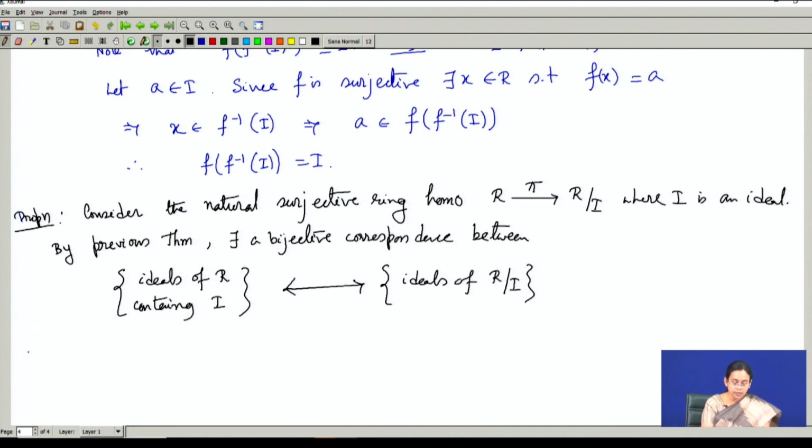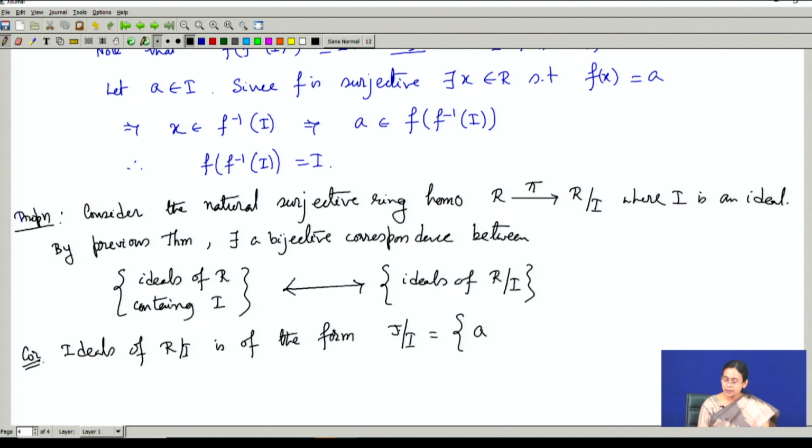As a corollary to this one, I can say that the ideals of R quotient I are of the form J quotient I. How does this look like?